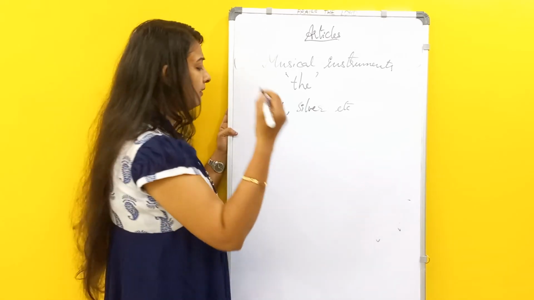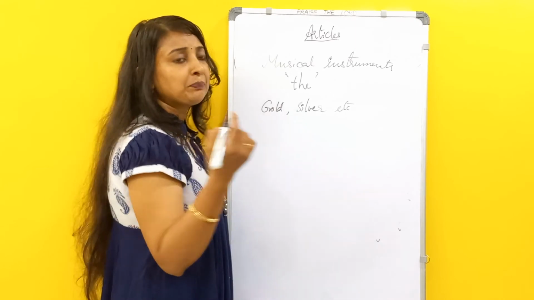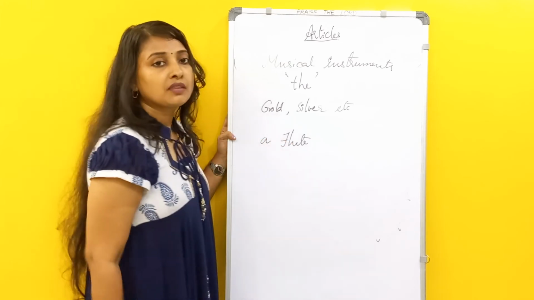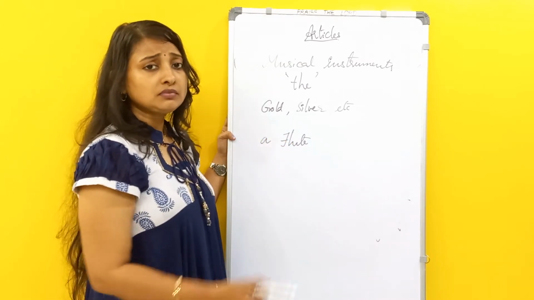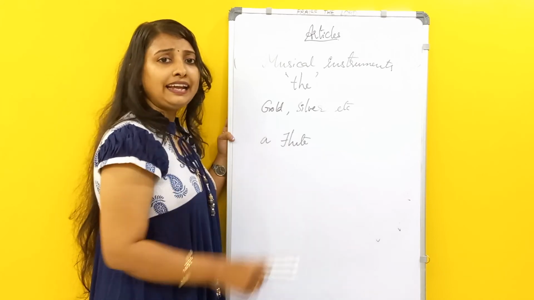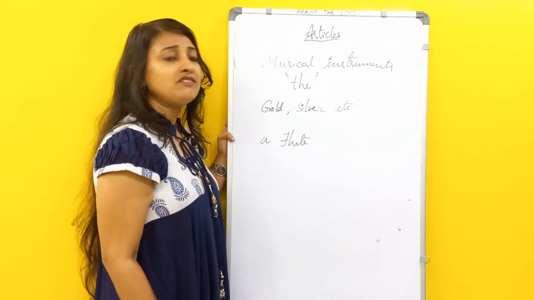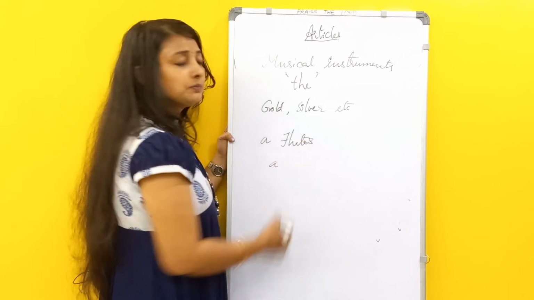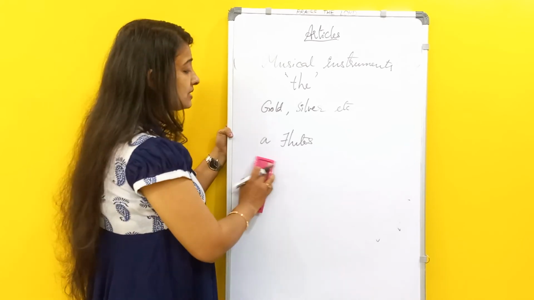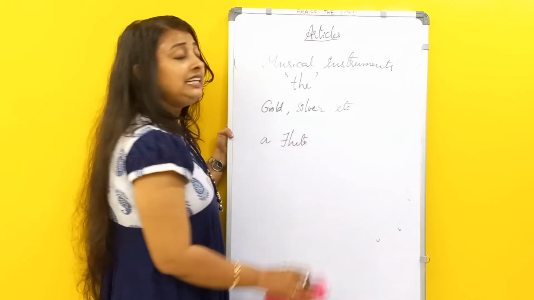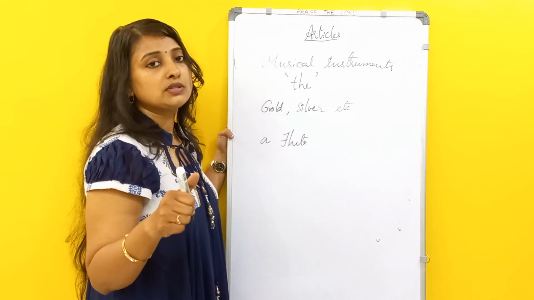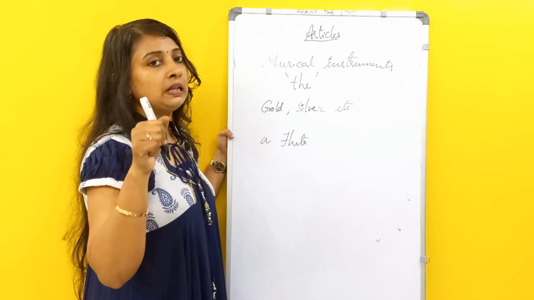And one more small thing. Suppose I am saying a flute. When we go for flutes, can we use the article a? Can we say a flutes? We can't say that, because the indefinite articles a and an are used only with singular countable nouns.